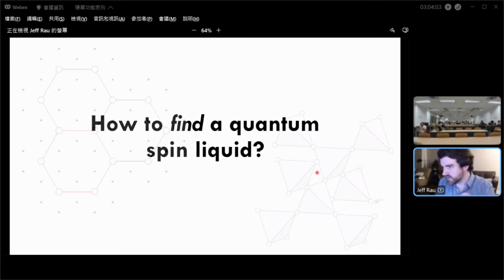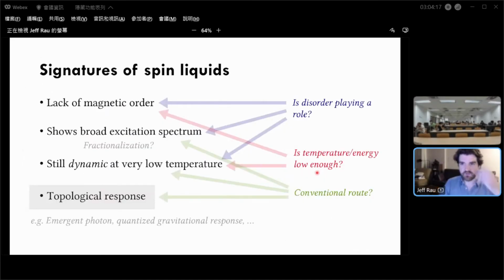And so coming off the end here, I just want to call attention to some general features and address how you might look for these things in real materials, what issues might arise, and what might be ways around them. What are these signatures we've been looking for? When we define these things, a lack of magnetic order. We've been looking for this broad excitation spectrum, which we've been interpreting as fractionalization.